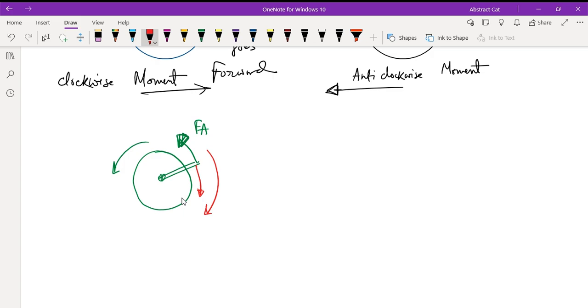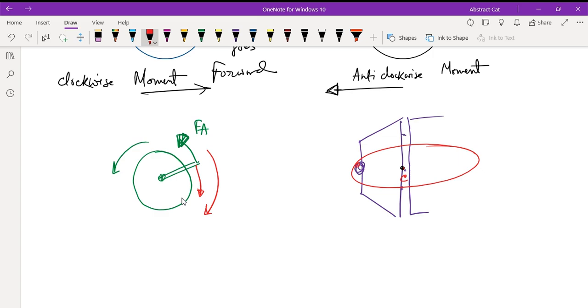A similar example is a door opening or closing. There is a door fixed with a pivot to the wall. If that is the center point C, and that is a circle here, and someone applies force tangentially in that direction, the door now looks like this in its final position.